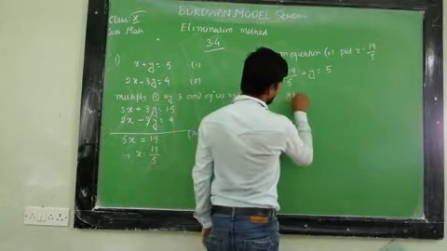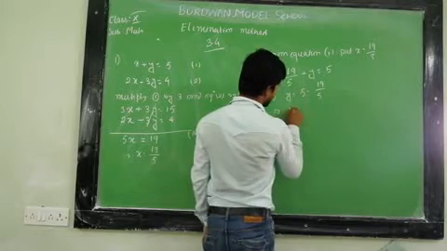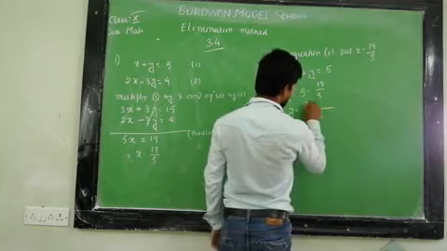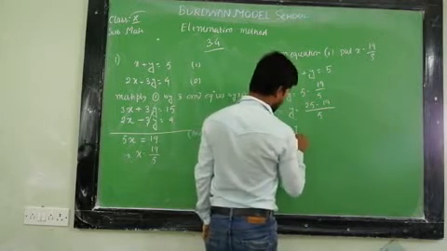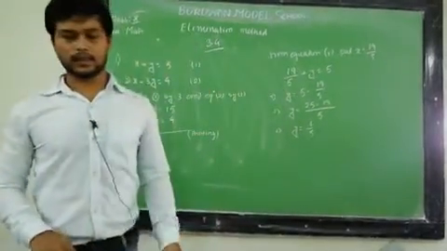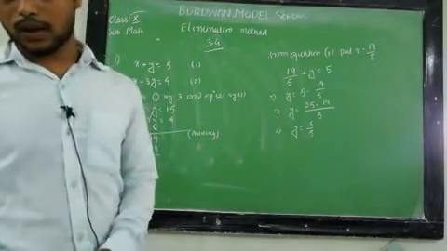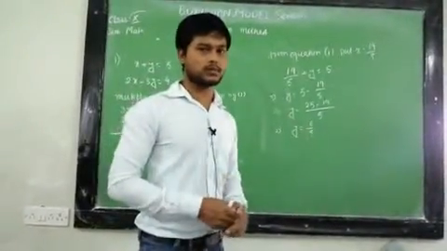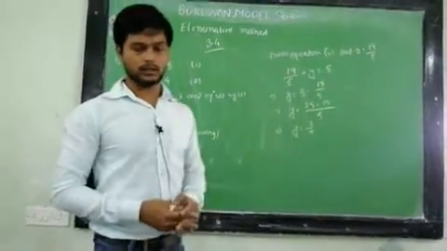So y will be equal to 5 minus 19 by 5. That means y is equal to, taking the LCM, which is 5, 25 minus 19, that is y equal to 6 by 5. Therefore, the solution of the given equations is x equal to 19 by 5 and y equal to 6 by 5. This is the procedure for solving a pair of linear equations by the elimination method.